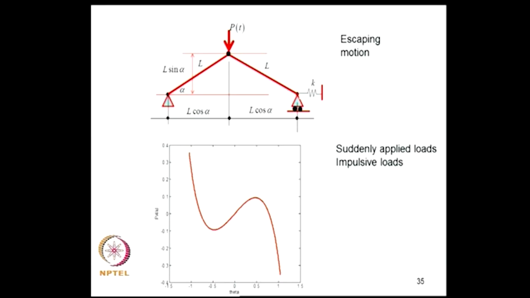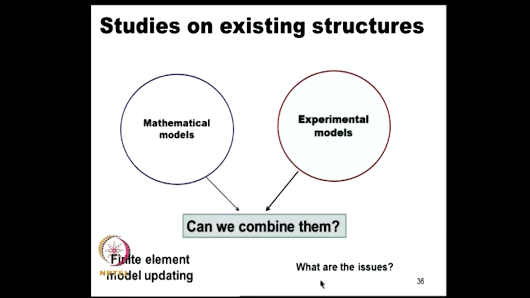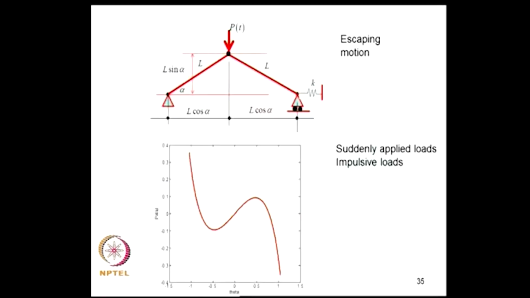Intuitively one can expect that might happen, but how to characterize this is a matter that has to be studied, and as I said already, there are a couple of references that I have suggested for that. So, with this we conclude our discussion on stability of structures.